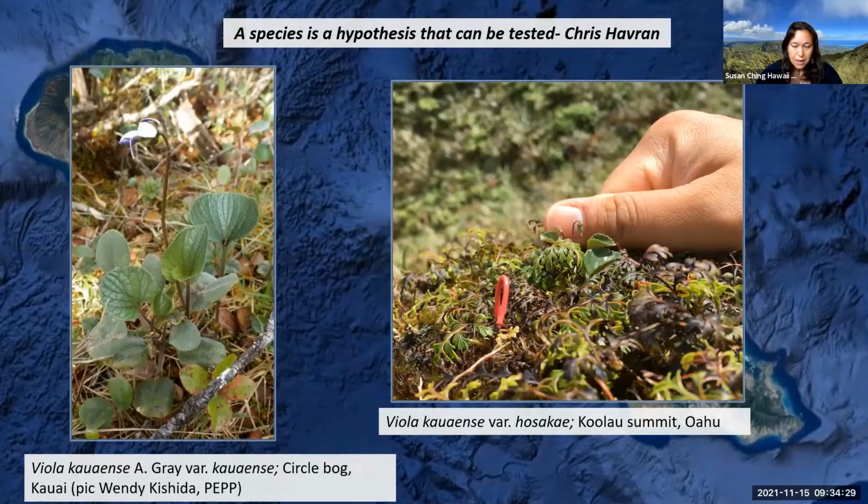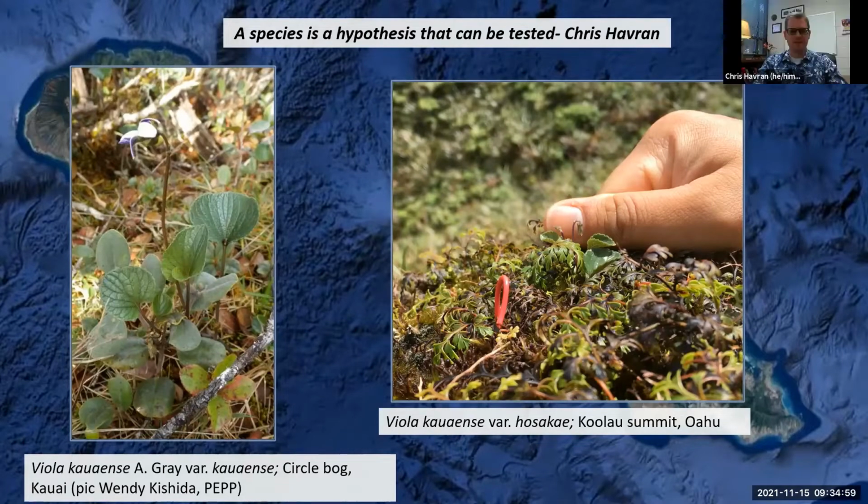But we thought, hey, it's so distinct, and an extremely small population. So I continued to try and visit and make collections, but I was asked by my supervisors from PEP, DOFAW, and Fish and Wildlife Service, why am I working on this? It's relatively abundant on Kauai. So I decided to bug my friend Chris with all of my questions and ask him to look into it. And I may have asked him more than once.